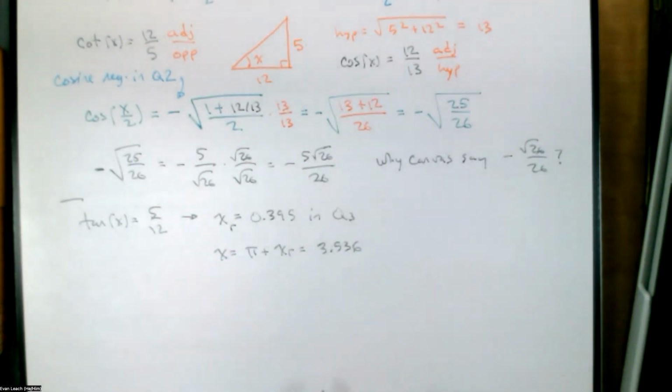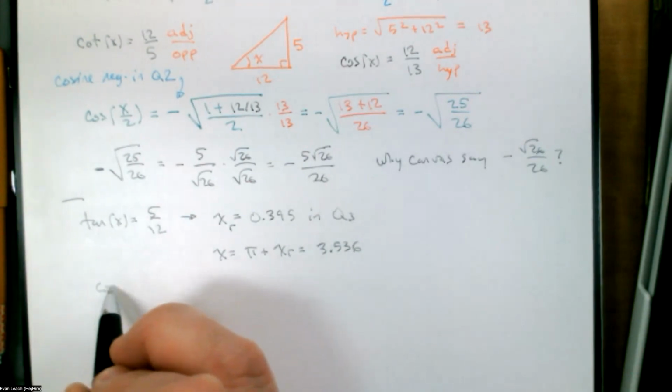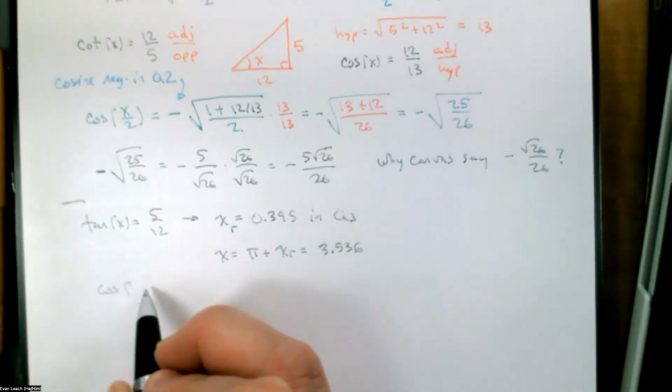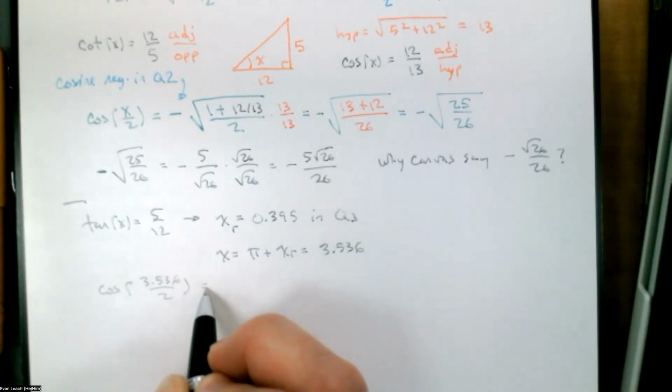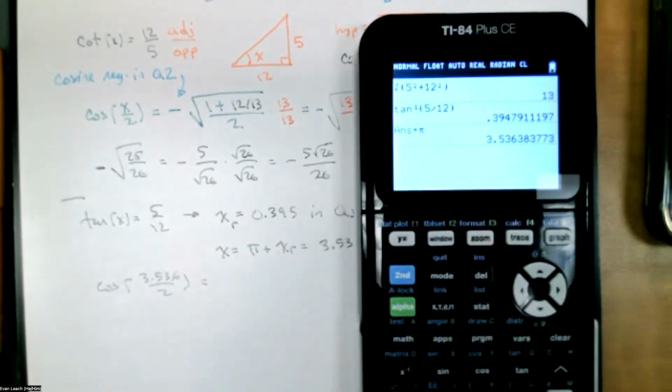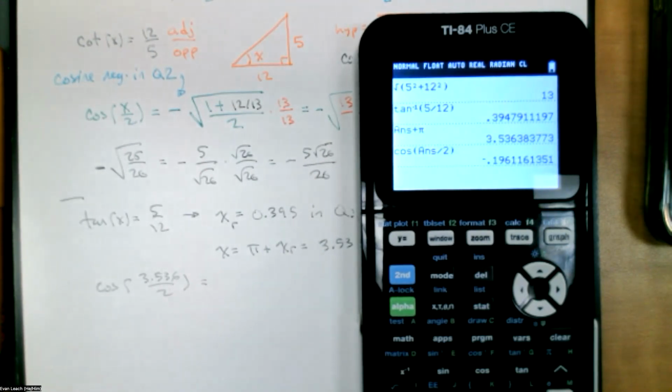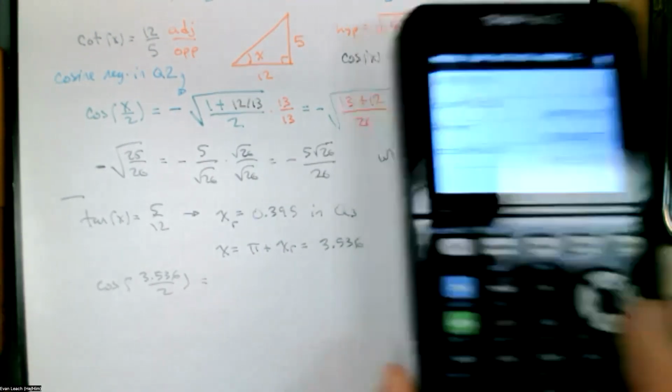So now that we have a value for x, we want the cosine of x over 2. So 3.536 over 2, and then cosine. So I'll do cosine of this number divided by 2. So negative 0.196.